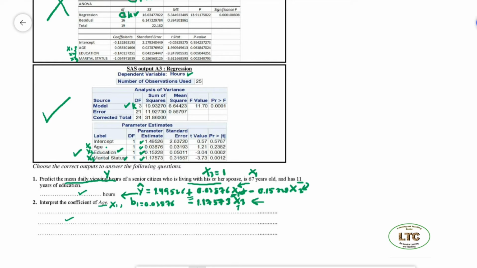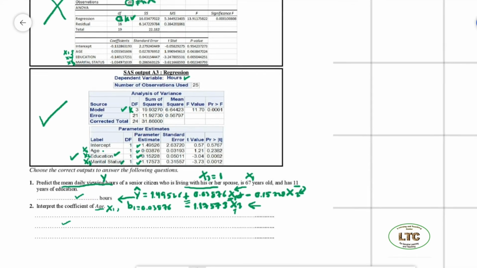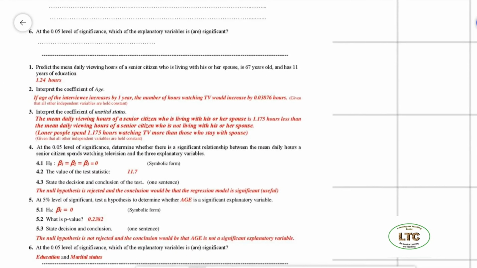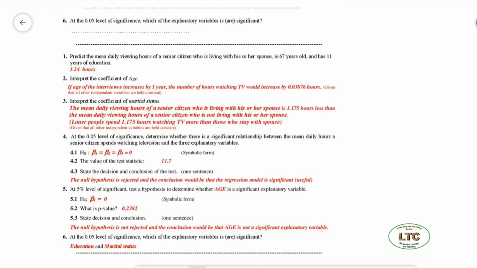He will watch television longer. How much longer? 0.03876 hours longer. Right. Compose well. And the example composition is here. This one predicted. If you compute by calculator, you will get the nearest one. Example demonstrates this.